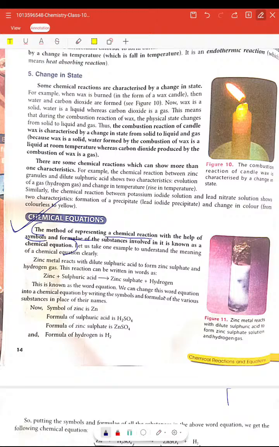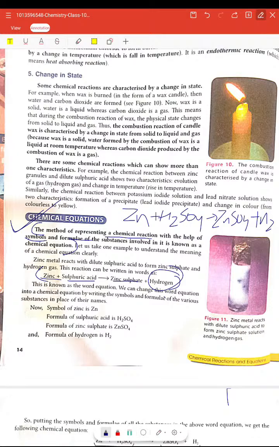So this is zinc plus sulfuric acid. We represent zinc in the form of a symbol. This is the symbol of zinc, and this is the formula of sulfuric acid, H2SO4. This is the formula of zinc sulfate, plus hydrogen gas, that is H2.